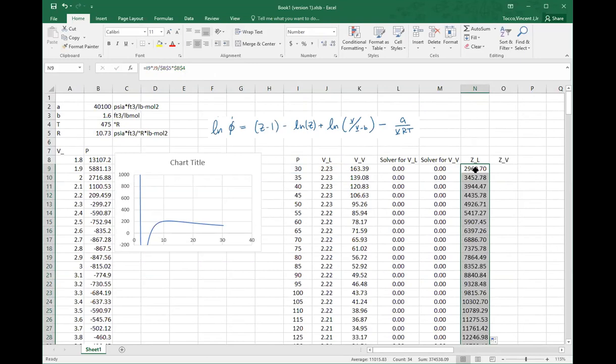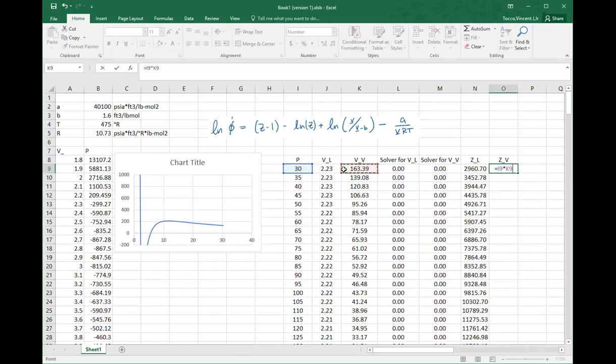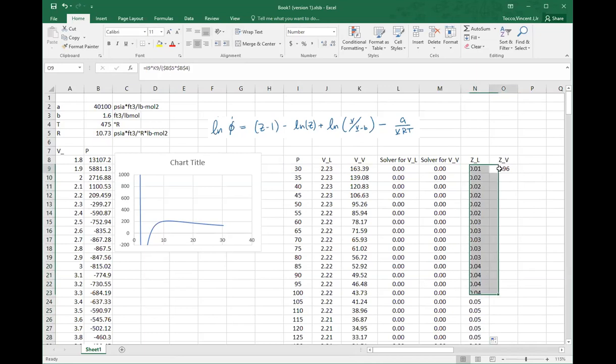I messed myself up. But I did have it wrong before. It is PV divided by RT. So P times V divided by R times T. Did I have a parentheses? Maybe I need a parentheses. Yeah, no, 0.96 is what I was expecting. Yep, I need to parentheses this. Okay, that's better. There we go.